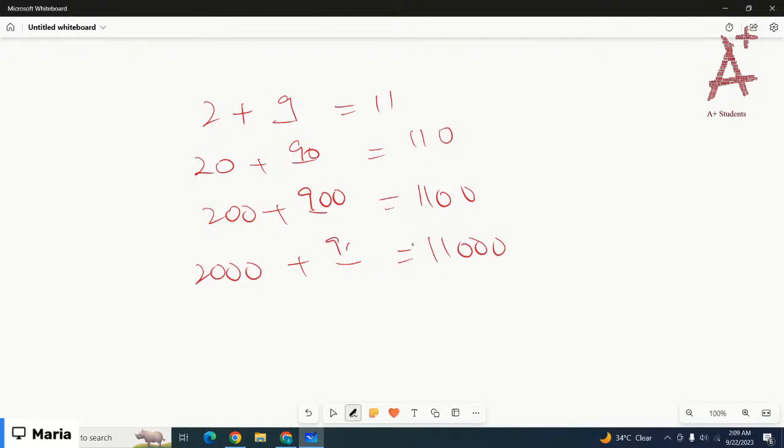And 2000 plus 9000 makes 11,000. So basically you added 9, right? 9 ones here, 9 tens here, 900s here, and 9000s here. Just their place values are different, right?